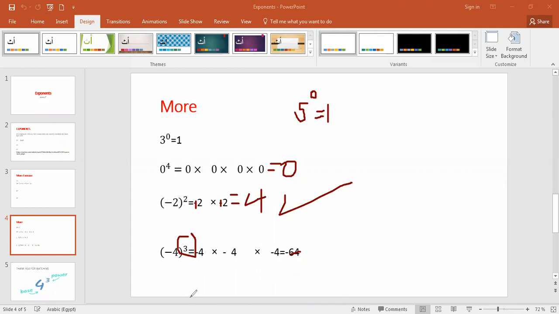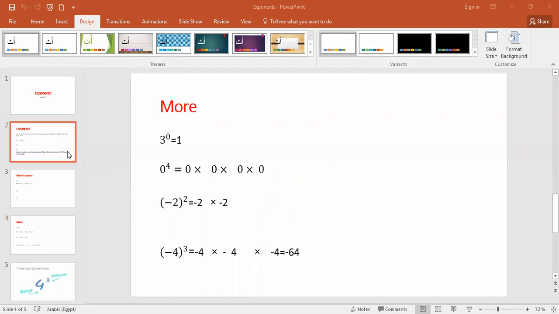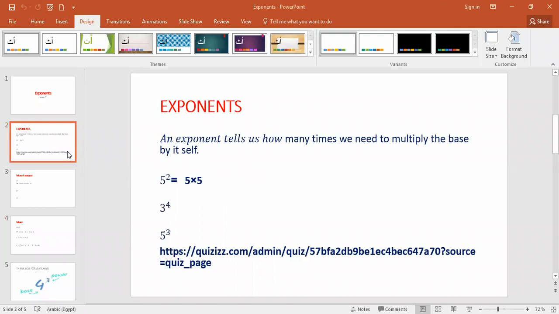In the last part, we explained today the meaning of exponent. Who can tell me the meaning of exponent? Excellent. Exponent means how many times we need to multiply the base by itself. Say, for example, 4 power of 2.